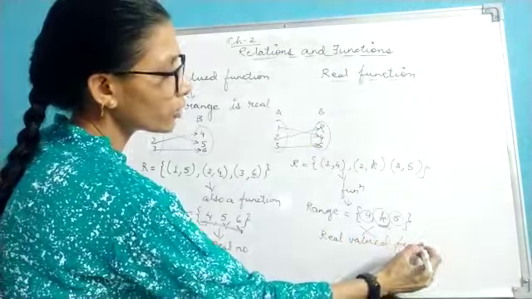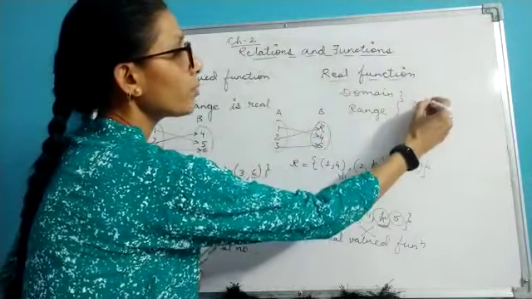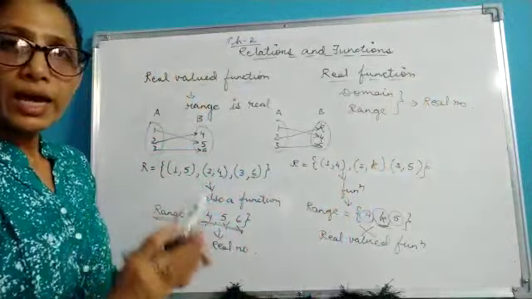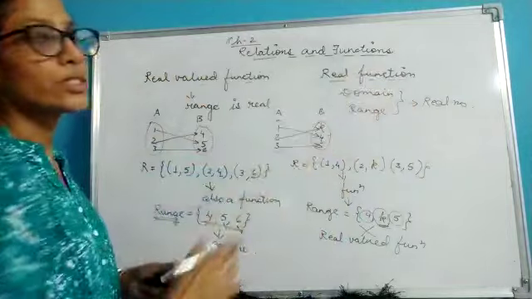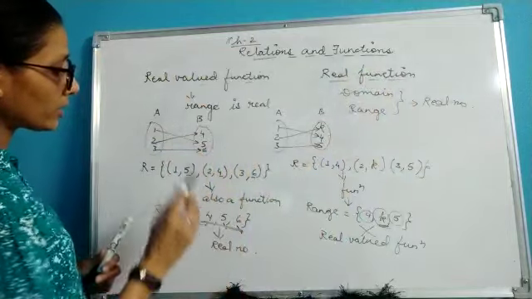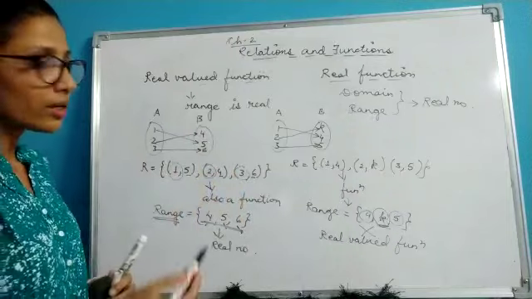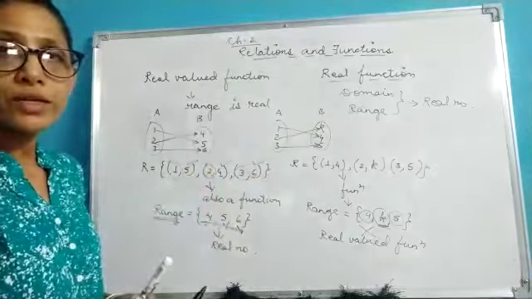Fine. Now you see what is a real function. If your domain and range, if both of these are real numbers, or I can say if domain and range have their elements as real numbers, then we can say it is a real function. Say in this case, here my domain is 1, 2, 3 which are real numbers, then range is 5, 4, 6 which are again real numbers.